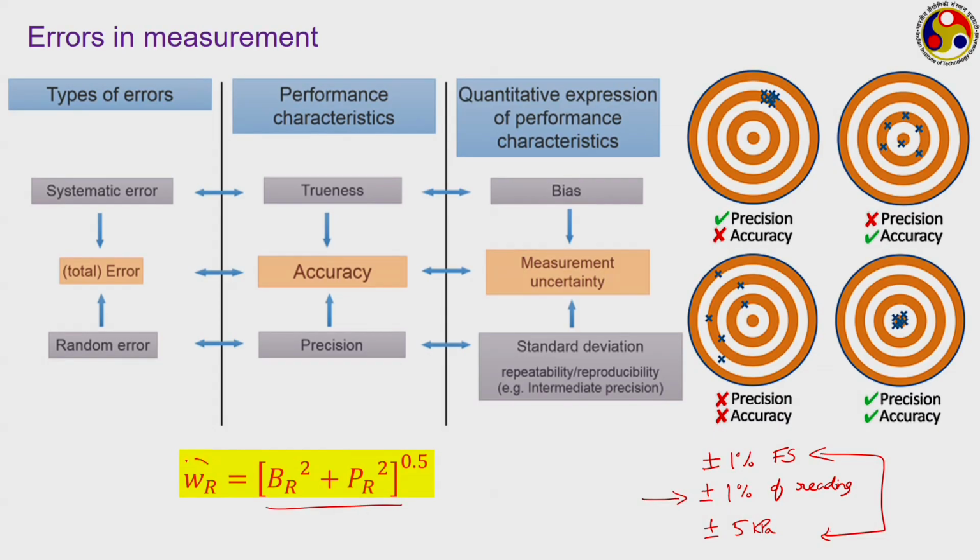There I intentionally mentioned the estimation of systematic errors, but I would like to correct that now. I did that just to avoid any kind of complexity. Actually, what we did there was the estimation of the total error. This WR is the total error, not systematic or bias error or precision error separately.